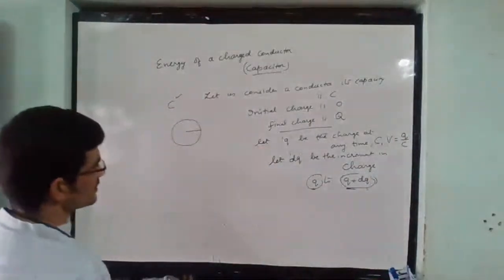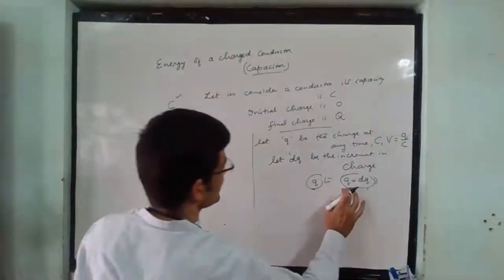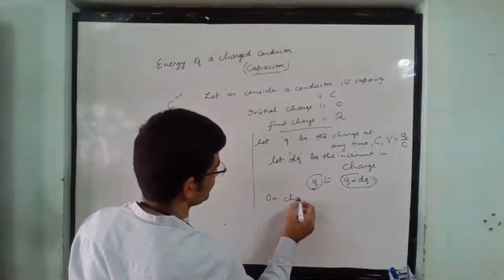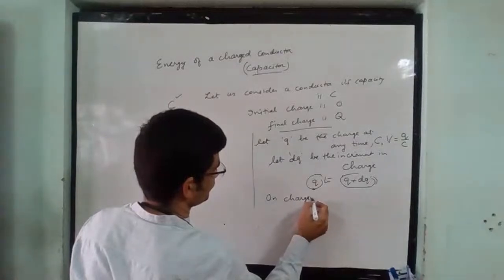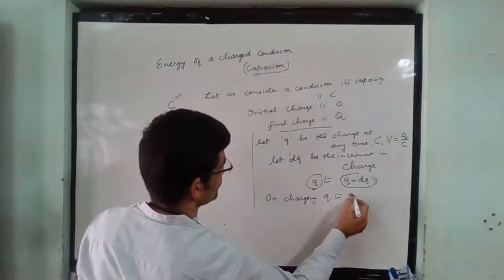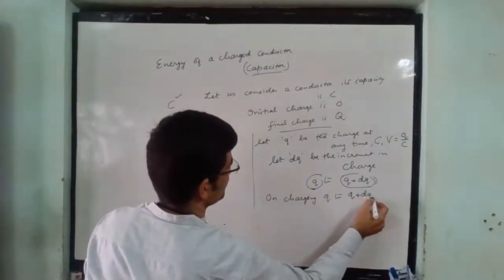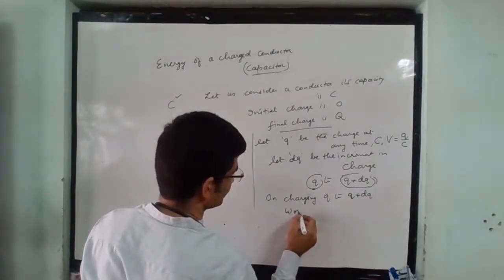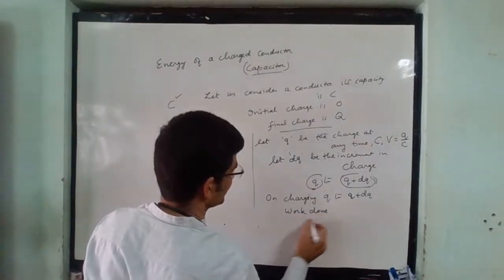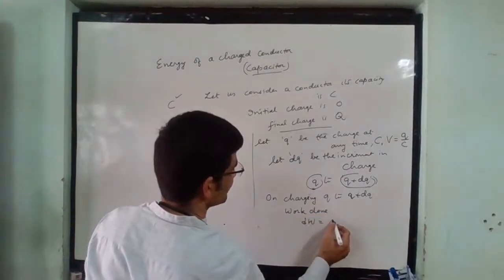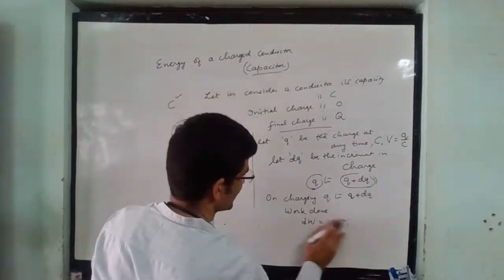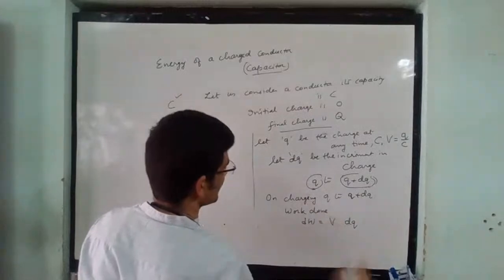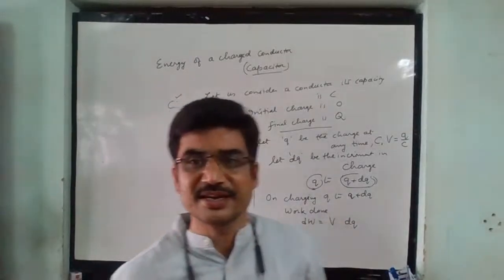Okay, and what will be the work done on charging a small increment dq, from q to q plus dq? That is a small work done. It will be the potential into the increase in charge.